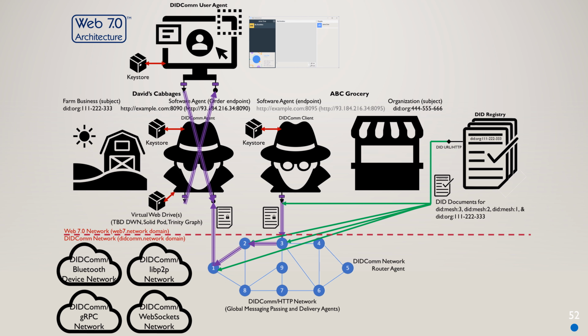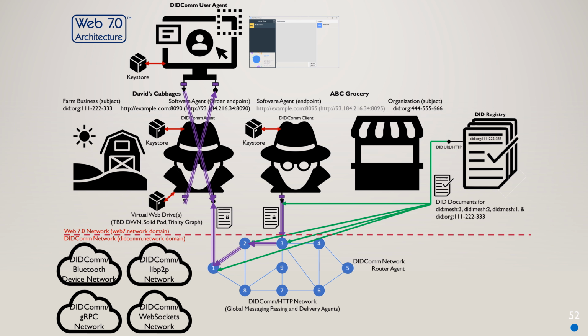And below the red line we can see that although we've been focusing on the DIDComm HTTP profile, i.e. these blue circles, it's recognizing that DIDComm is transport agnostic and can run over whatever transport you'd like to use. So for example, DIDComm over Bluetooth, DIDComm over gRPC, WebSockets, P2P.